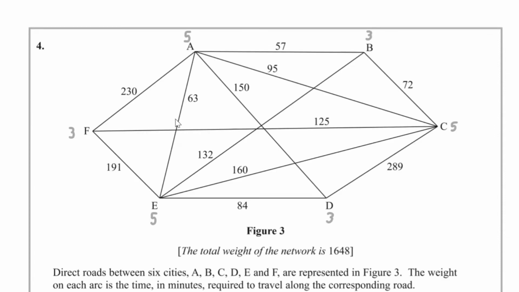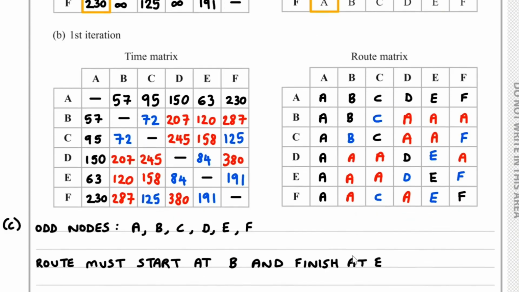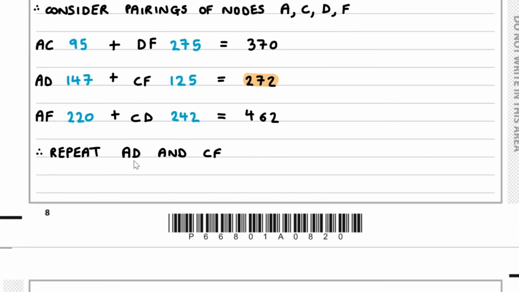If I take a look at A to D, the length of that we said was 147, and the way we can get there is to go via E. So with that information, AD can be re-expressed as AED.